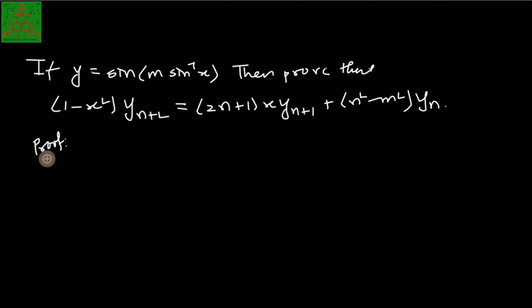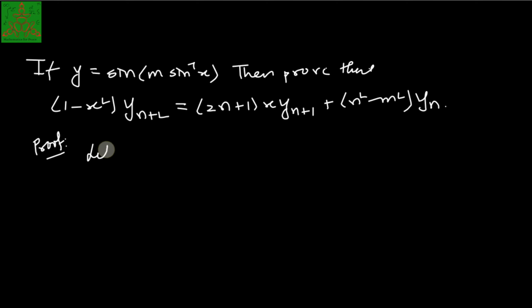To solve this example, one should note that it is an (n+2)th derivative, that is, the second derivative is involved. So it is better to calculate the second derivative first, and then take the nth derivative of that. That will give you a formula in terms of y_(n+2).